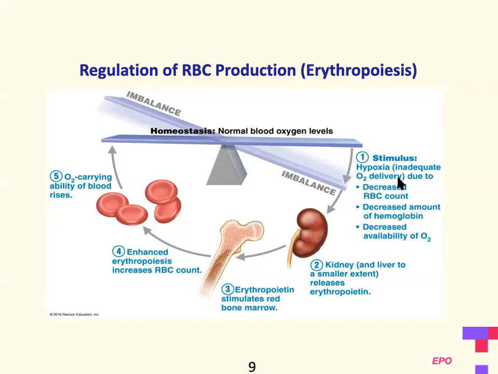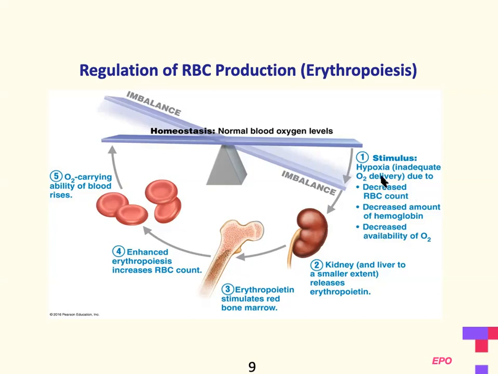Hypoxia, inadequate oxygen delivery, can be a result of multiple different causes: loss of red blood cells, inability to make enough hemoglobin despite a normal number of red blood cells, or decreased availability of oxygen, such as when you reach high altitude. All those can result in hypoxia, which serves as a stimulus for erythropoiesis.